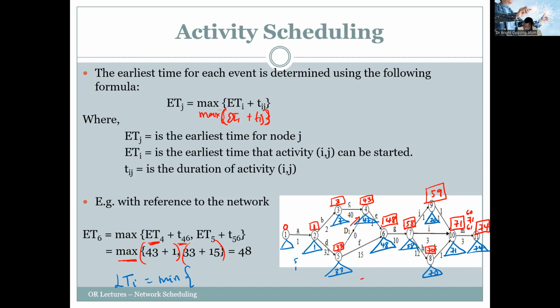So the minimum will be 1. Then 1 minus 1 is 0. So this is the latest time, right?